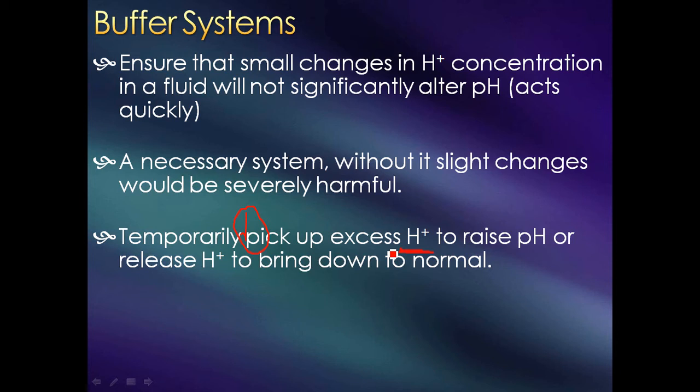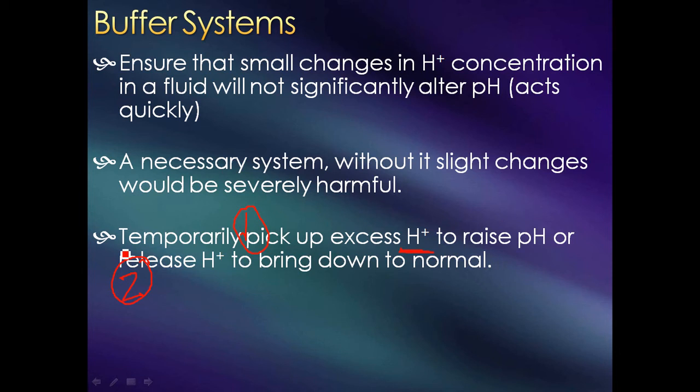On the other hand, if we are alkaline or basic, what our buffer can do is release hydrogen ions. These hydrogen ions are temporarily released into the solution, hopefully bringing our pH down. Again, the issue here is that these are temporary and they are also limited.